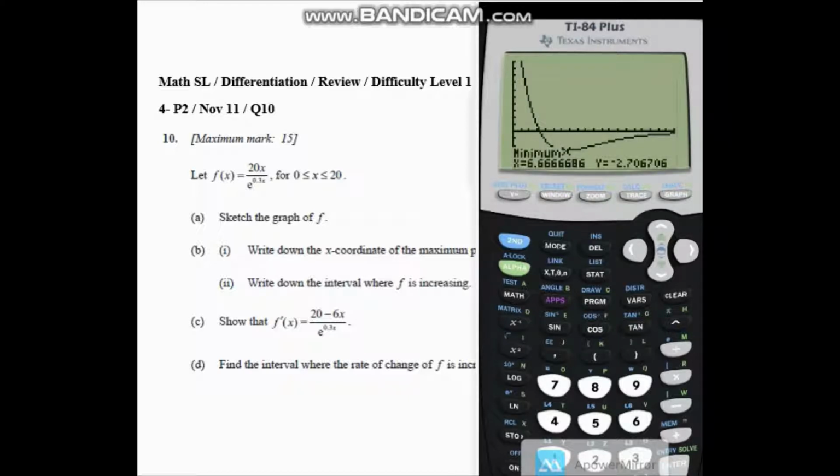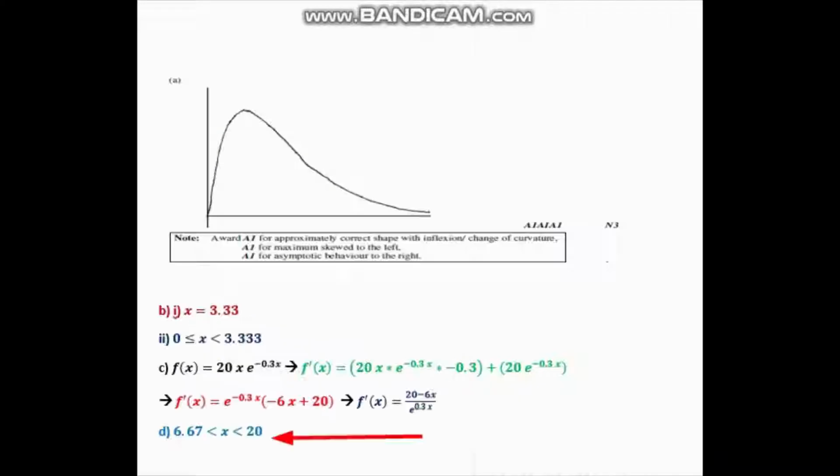The calculator tells me the minimum occurs at 6.666 or 6.67. So I know that the function is increasing starting 6.67 and ending at 20, and this is my required interval right there. So this concludes our question and this video.